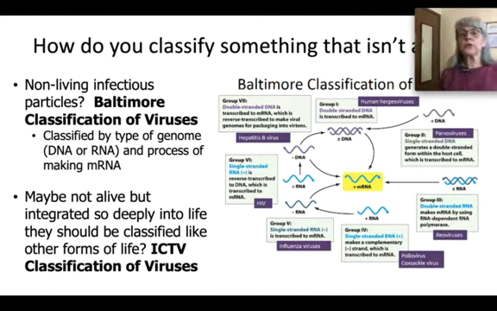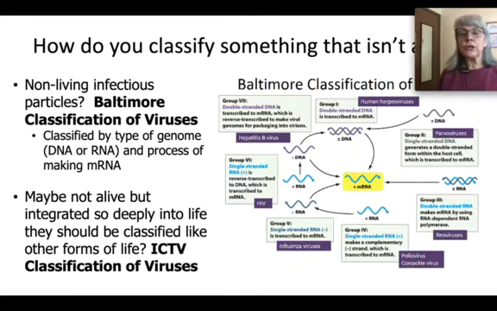But what's important here, I don't expect you to memorize all these different groups, just that the way they are classified is by their genome and the process of making messenger RNA. Because once messenger RNA is made, then transcription can take place, so protein is made for the virus.